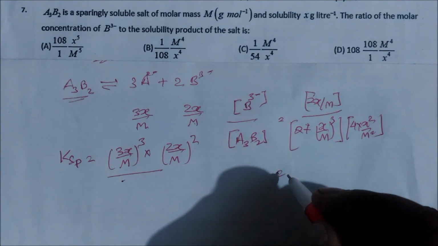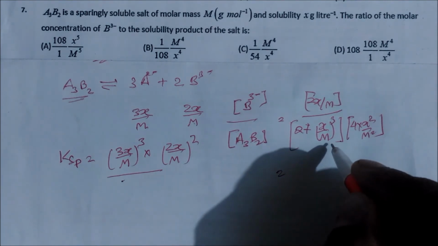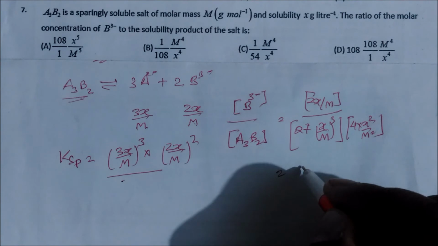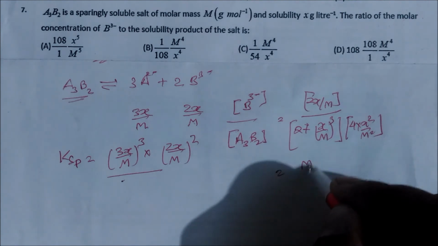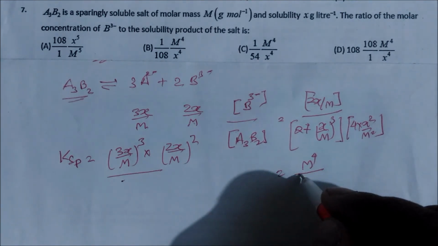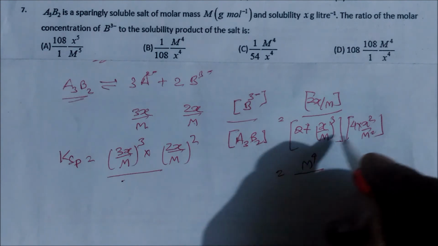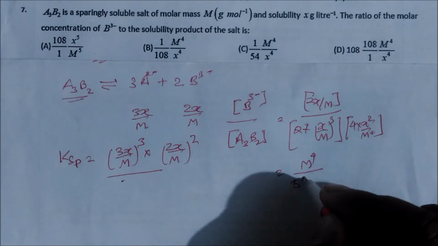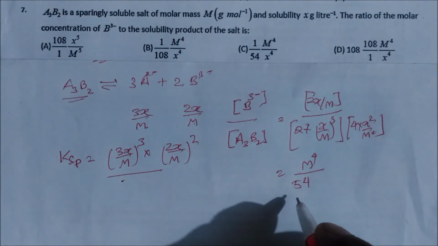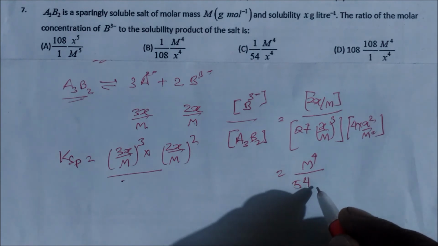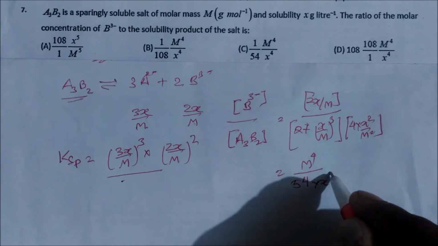So on solving you will get 3 plus 2, 5, minus 1, so you will get m to the power 1 upstairs, and divided by this it will be 2 over 54, into x to the power 4.